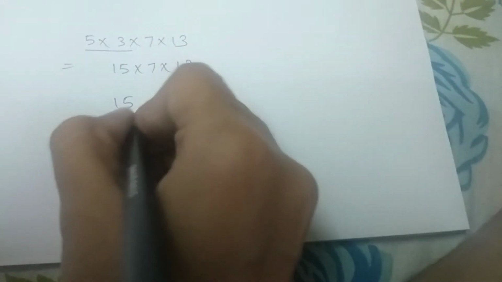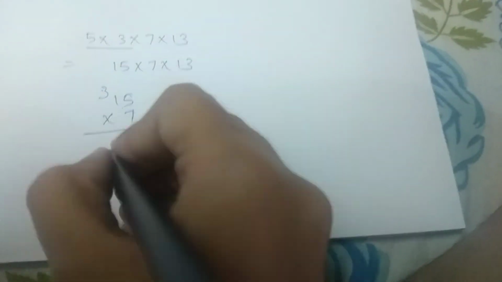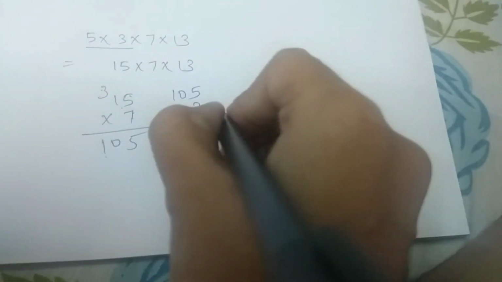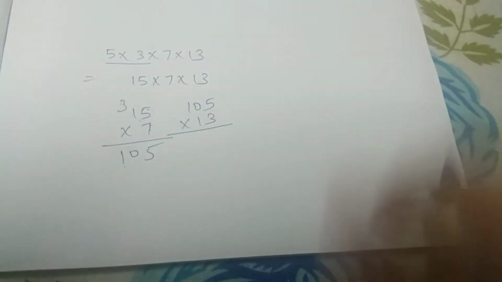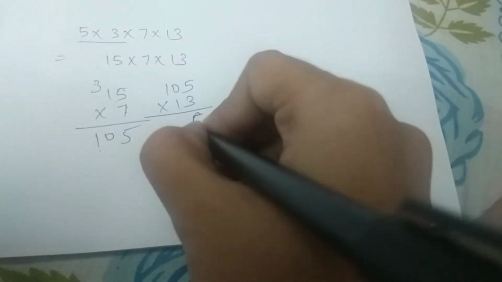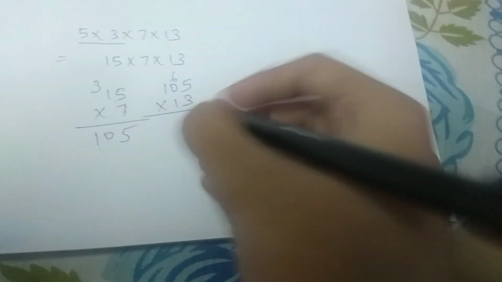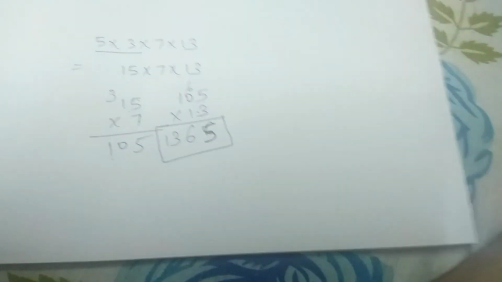So let's do this: 15 7s are, 7 5s are 35, 7 1s are 7, 105. 105 into 13: 13 5s are 65, 13 0s are 0 plus 6, 13 1s are 13. Our answer is 1365.